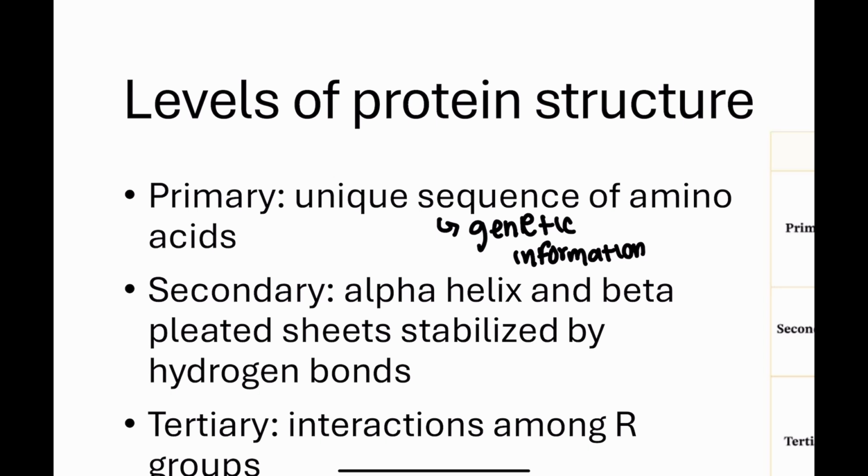Even a small change in the primary structure of a protein, for example if a single amino acid is substituted by another one, can have a significant impact on the function. For example, we have sickle cell disease.